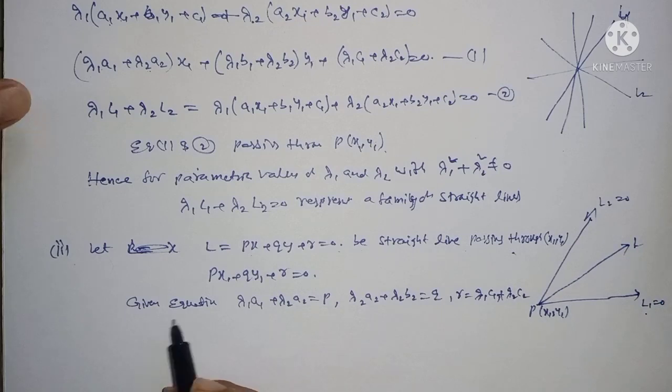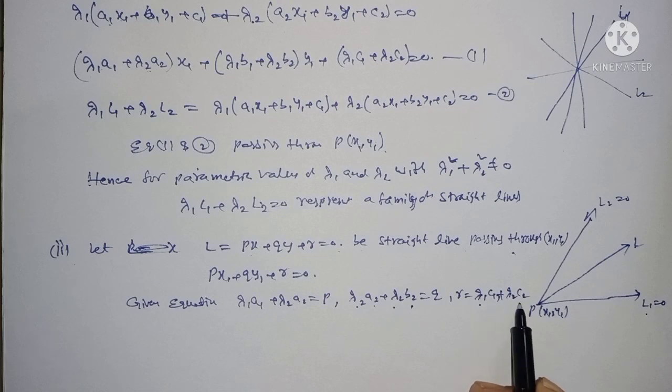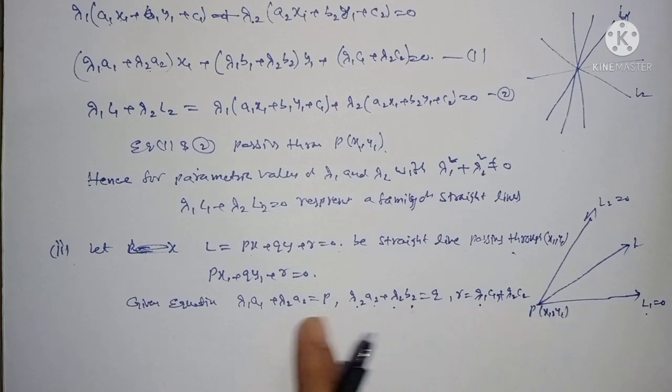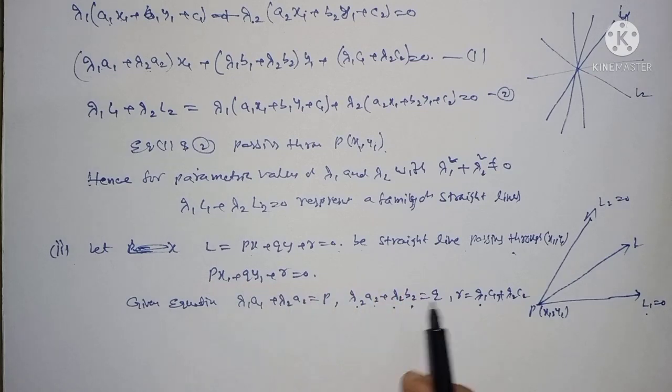Therefore in this theorem it is already given that lambda 1 a1 plus lambda 2 a2, lambda 1 b1 plus lambda 2 b2, and lambda 1 c1 plus lambda 2 c2 is a form of ax plus by plus c is equal to 0. Therefore this is p, this is q, this is r only. It is given already. It is the intersecting form. Therefore you can write here the family of the straight lines.